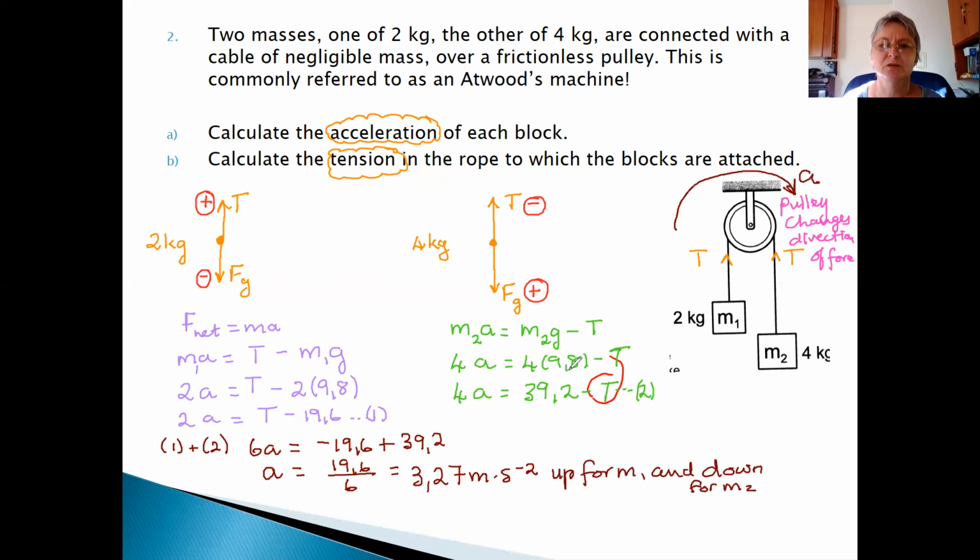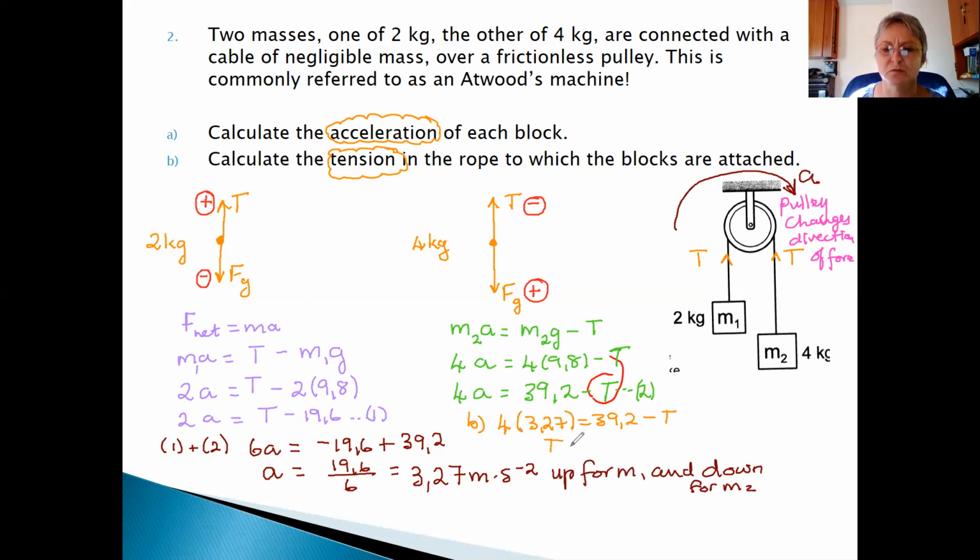Number B, we need to calculate the tension in the rope which the blocks are attached to. So what I'll do is I'll use equation 2. So this is number B, and I'm going to say 4 times 3.27 equals 39.2 minus the tension.